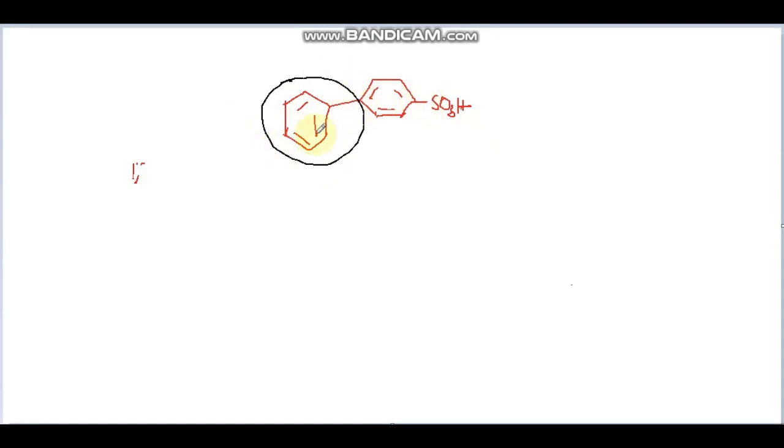So this one is going to be named as 4-phenyl benzene sulfonic acid, or it can be named as P. With respect to the sulfonic acid, this phenyl is at the para position, so you can name this as P-phenyl benzene sulfonic acid. P stands for para.